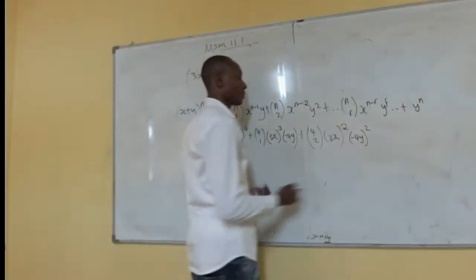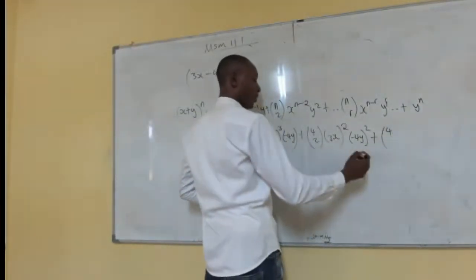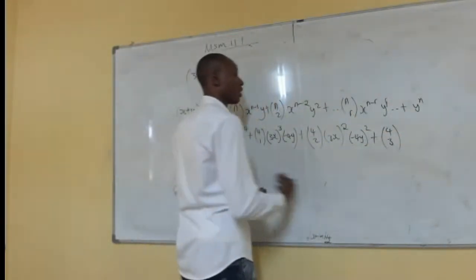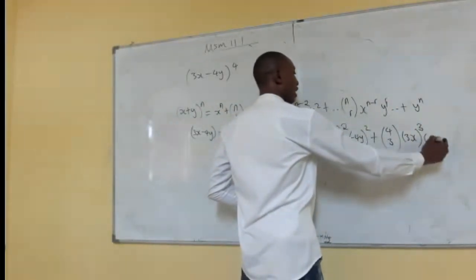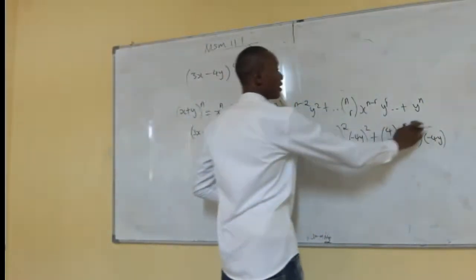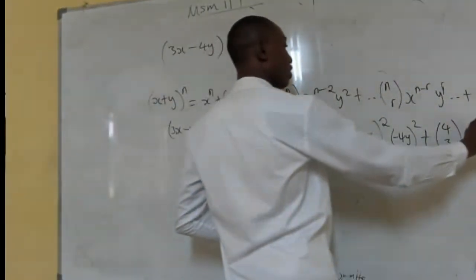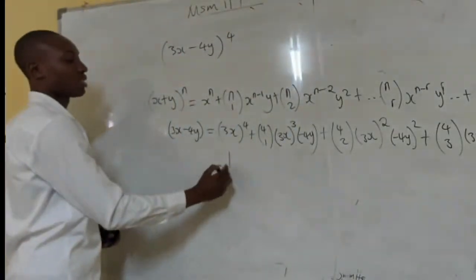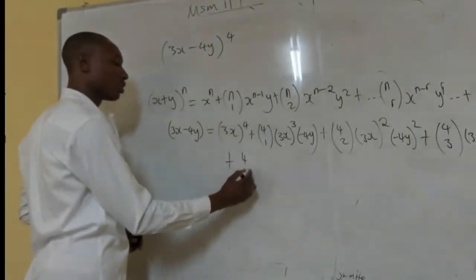So the next one, plus, you have 4 choose 3, then we have 3x to the power 3, then negative 4y. Now it has reduced, it's n minus 3, so this is going to be 1 here, then you are going to have 3 here. Then plus n choose 4, which is 4 choose 4.